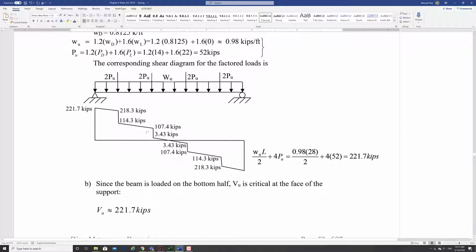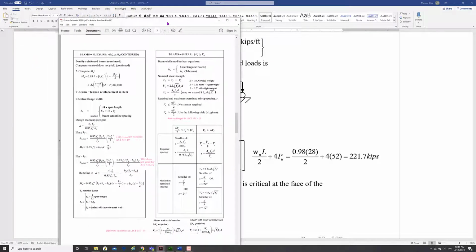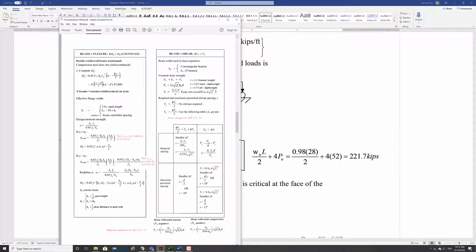Maximum value from here to here, 17 inches. Maximum value from here to here, 26 inches. So going back to your design aids, what you found is these values: 8.9, 17, and then your 26. So these are your maximum values that you can use.